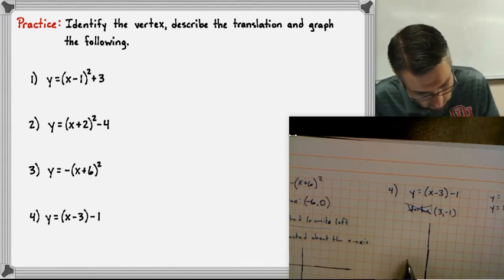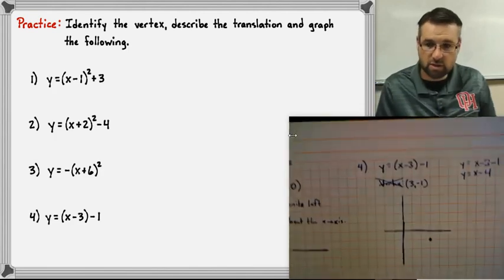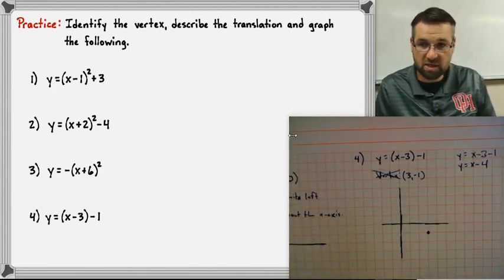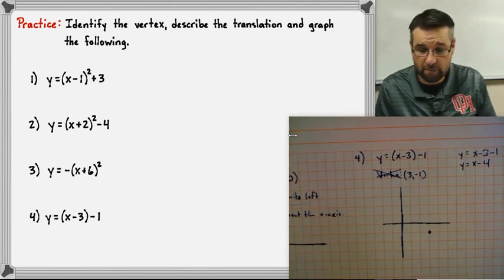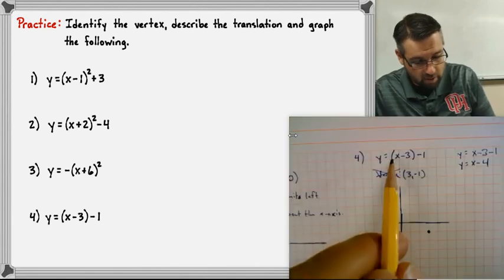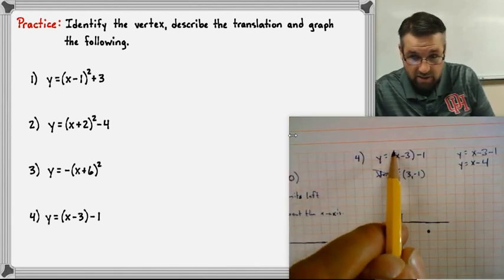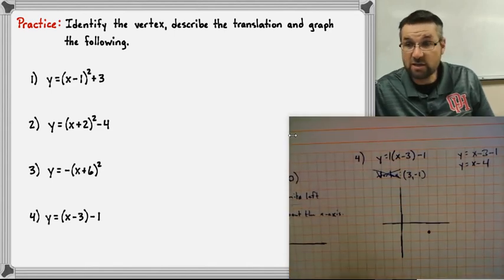So that means we're going to go to the right 3 and down 1. So there's our starting point. That would be the vertex of a parabola. In this case, it's just the starting point that we're going to start at. Now notice, what is the number in front of the parenthesis here? The number here is 1, okay? That is our slope.